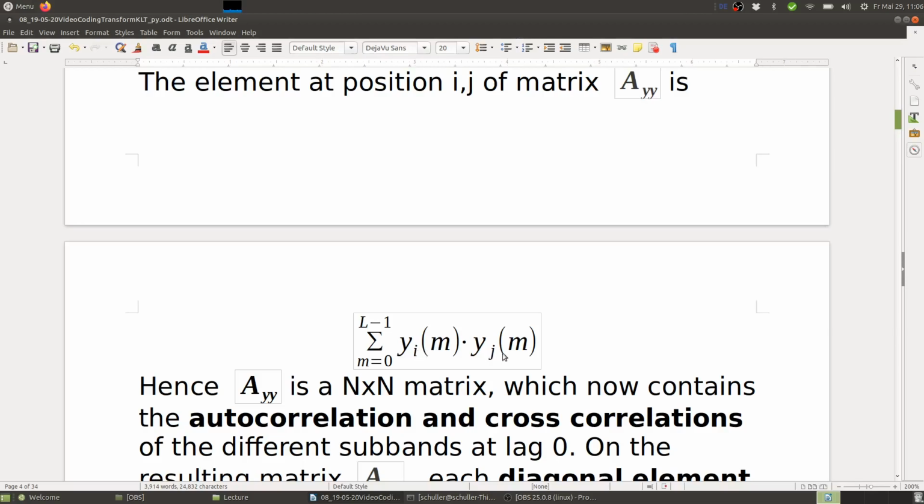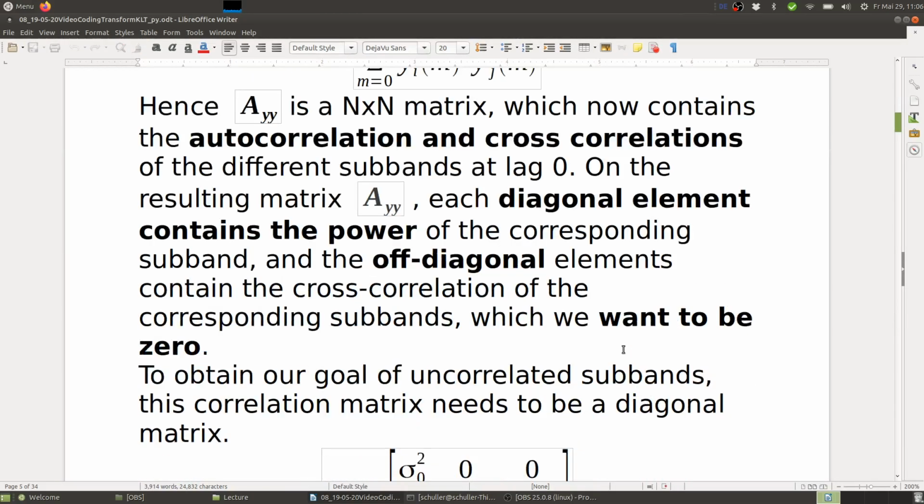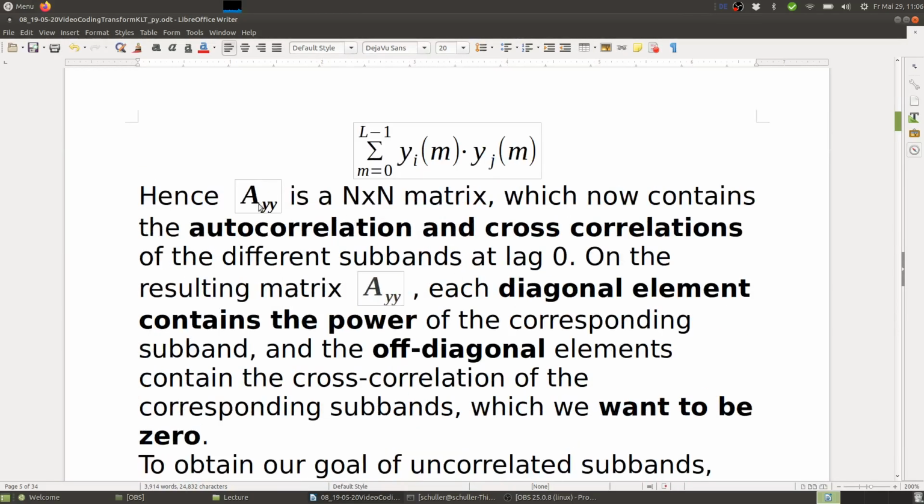So if I is equal to J, then we get the power. If I is not equal to J, then we get the cross correlation. Yeah, so this also means that AYY is now an n times n matrix, so exactly the size of our transform matrix, which now contains the autocorrelation and cross correlations. So we have the autocorrelations on the diagonal and the cross correlations on the off diagonals, each with lag 0.